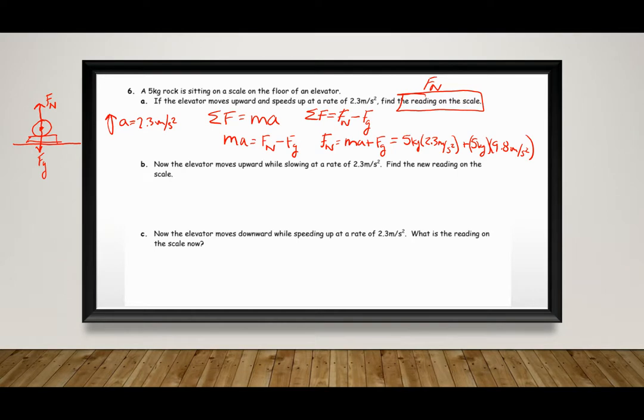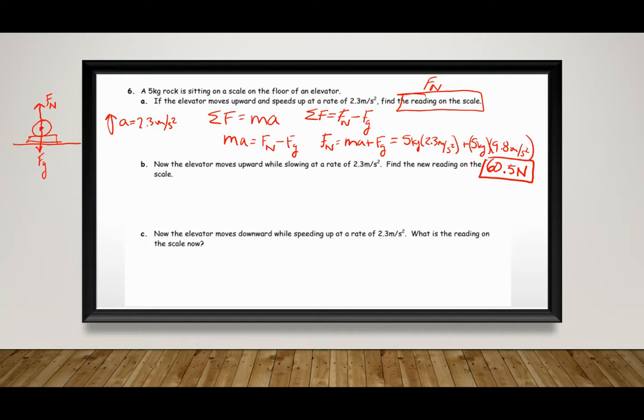Okay, and that's going to be the equation to figure out what the reading on the scale is. So when I add all of that up, I end up getting a value of 60.5 newtons is what the reading on the scale is.